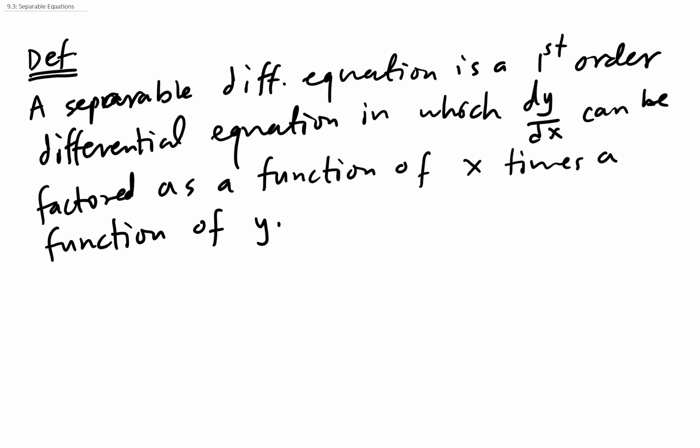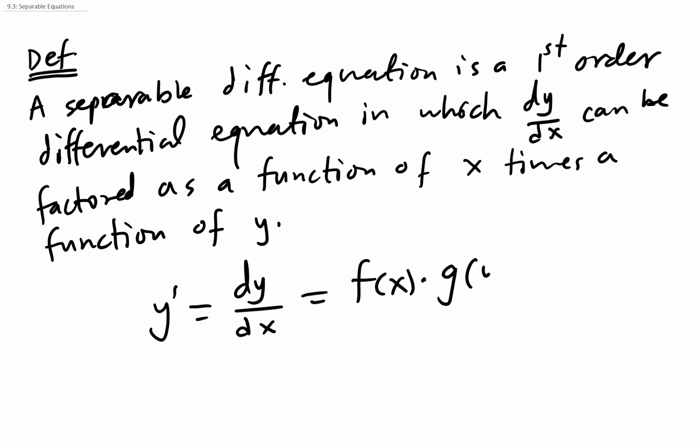So what I'm talking about, when we say y prime, you know it can be written using Leibniz notation as dy/dx. Say this is given to us as f of x times g of y. So notice what I said. By definition, dy/dx can be written as a product of f of x, a function in x, and g of y, a function in y.